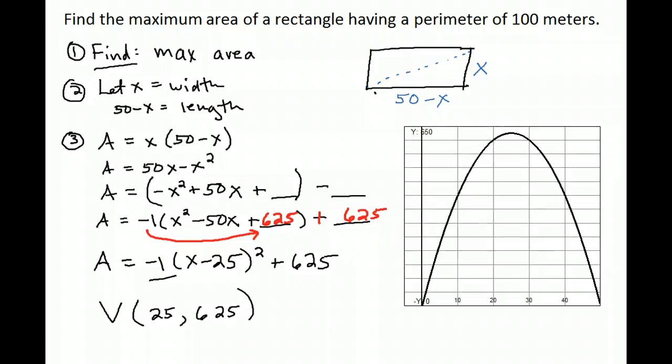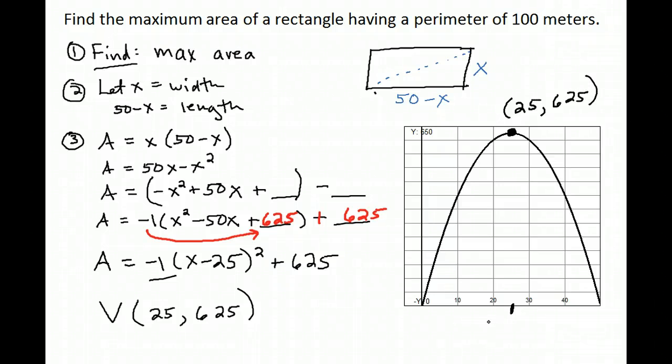I've actually put in the graph of the parabola right here. At 25, I come up to this point, and that vertex is (25, 625).